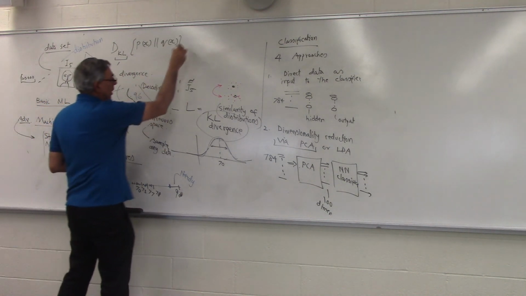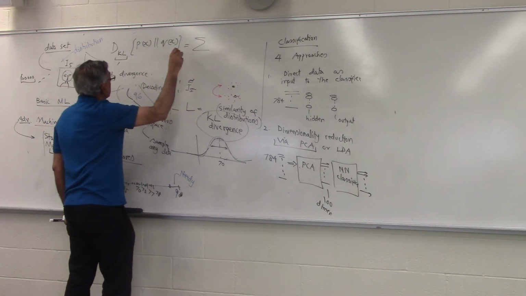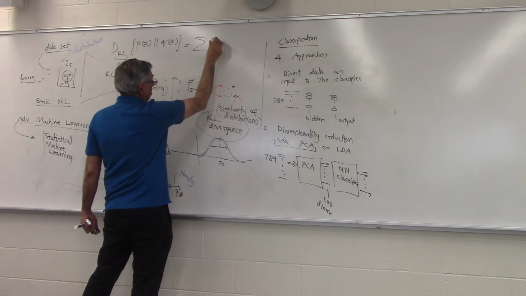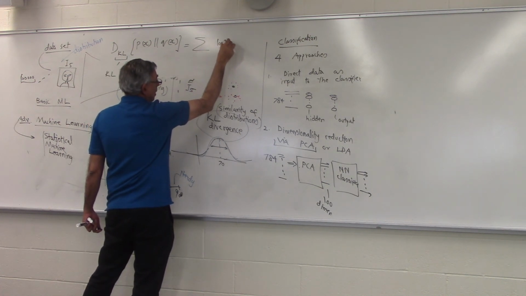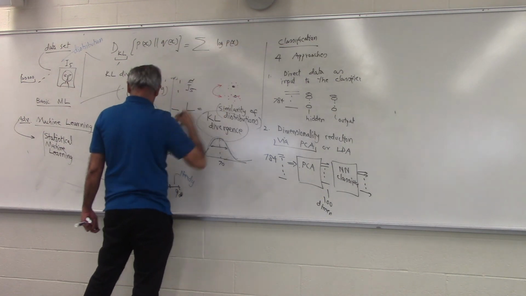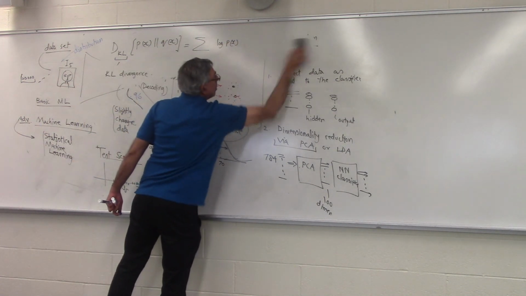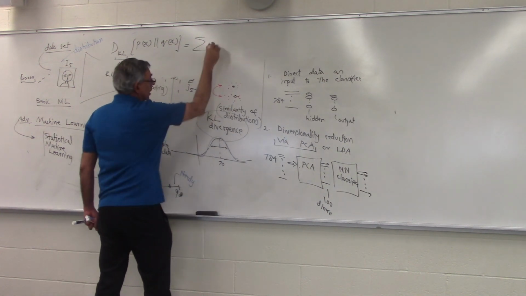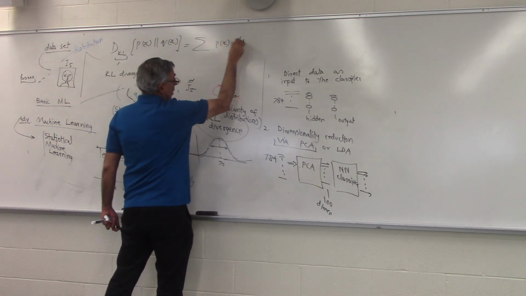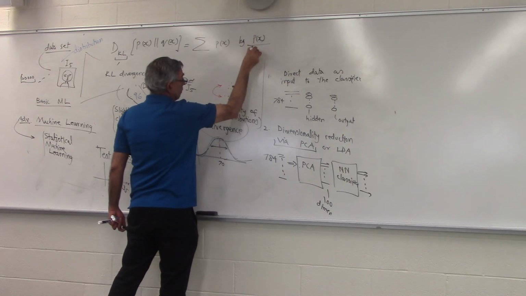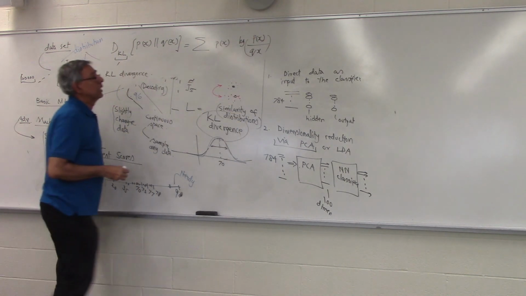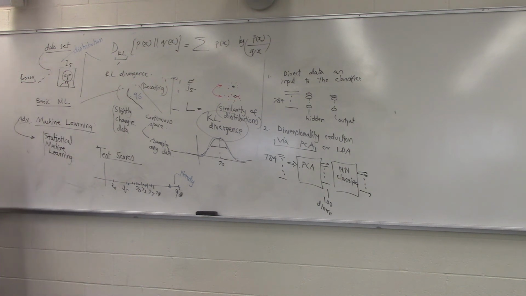The formula goes like this: summation of P of x log of P of x over Q of x. That's the formula for two distributions.